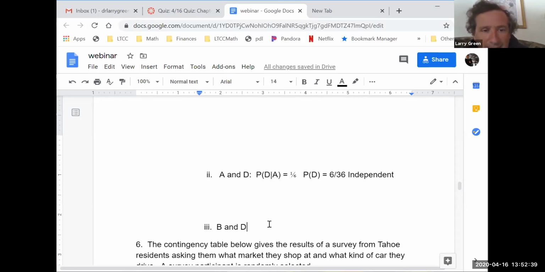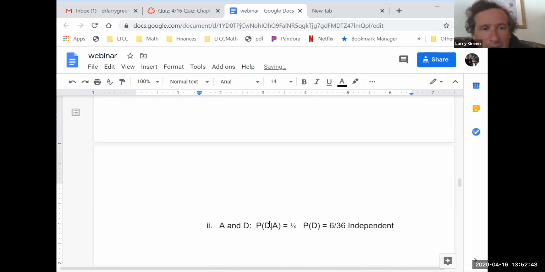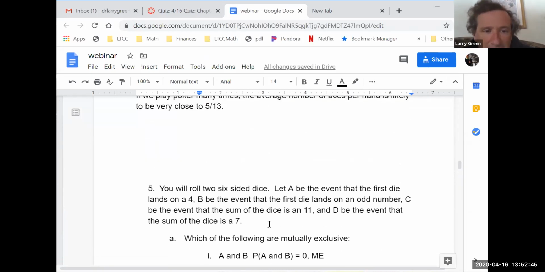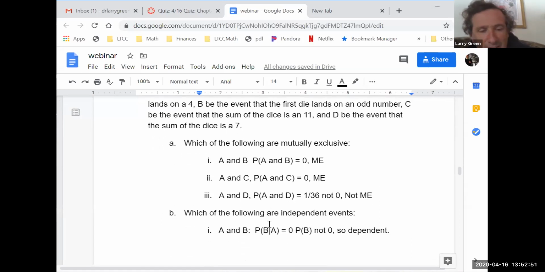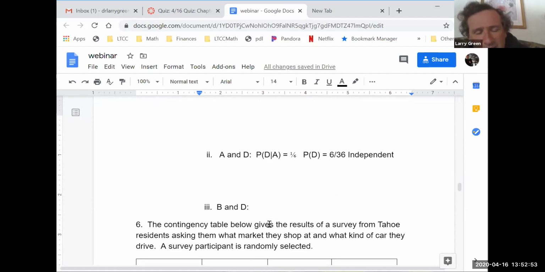Okay, then finally, let's do B and D. So if you remember, let's go down and see what B was and what D was. B is the first is an odd number. D is that we have a sum of a 7. So we want to find out, again, there's a lot of different ways of doing this one. So we can say the probability of B and D in this case. I'll do the other one because I haven't done one of those.